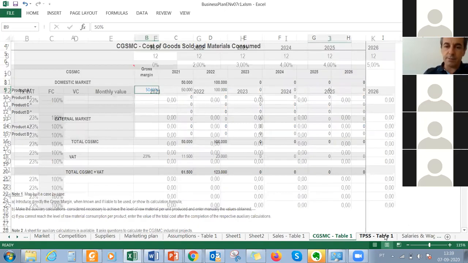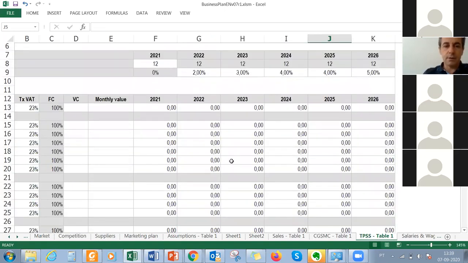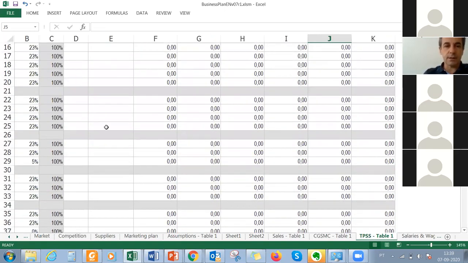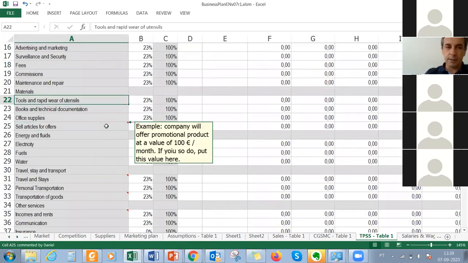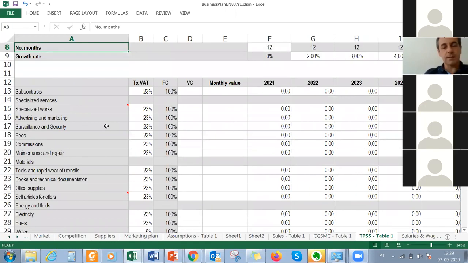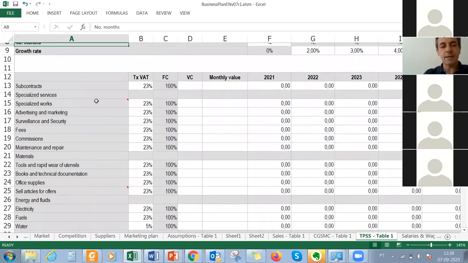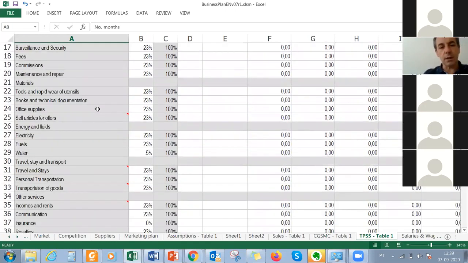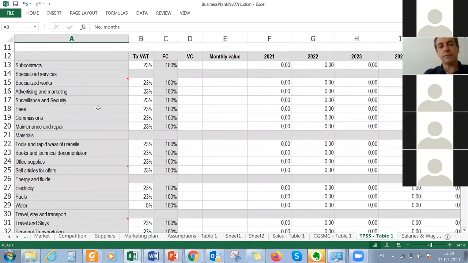There's a third table concerned with the different services that could be needed. It is a long table, but the students have to pick only the key lines, of course.